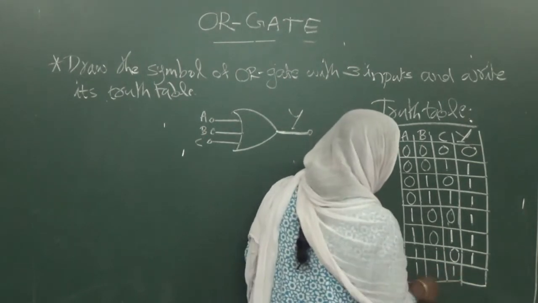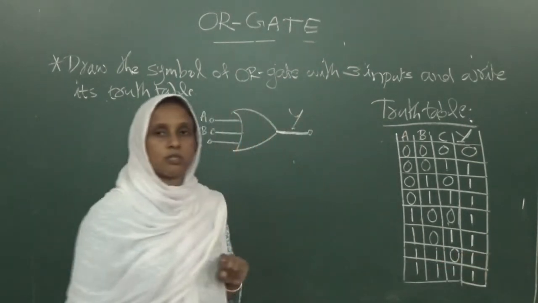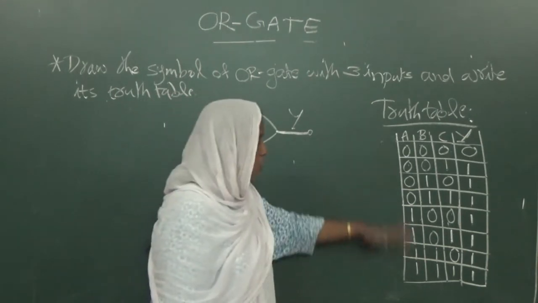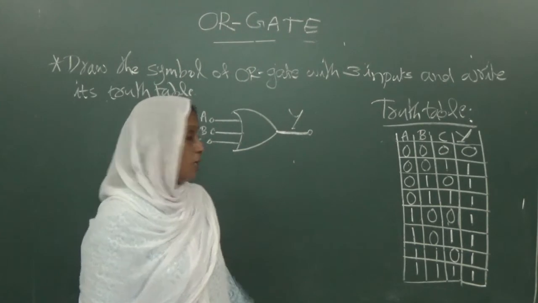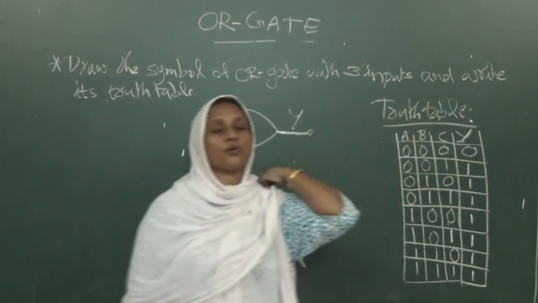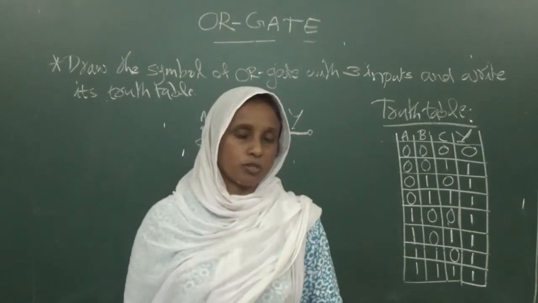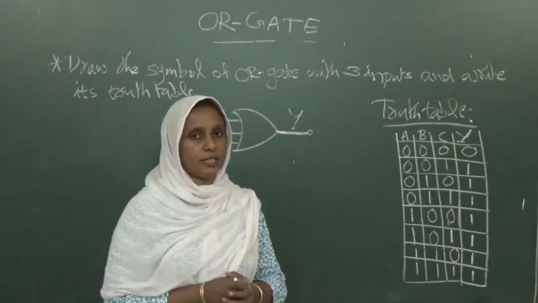All inputs are high, so high output. Okay. This is the truth table for OR gate with 3 inputs. Here you can see that if all inputs are low, then only you get low output.